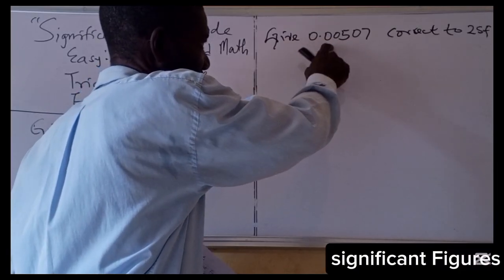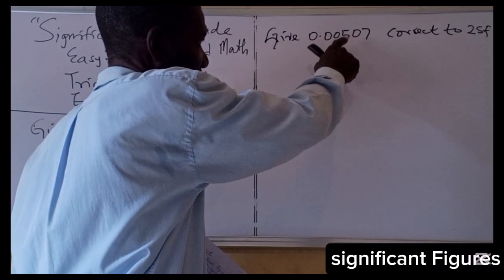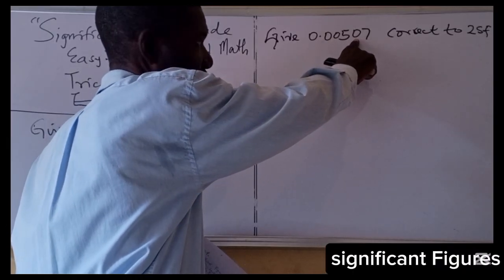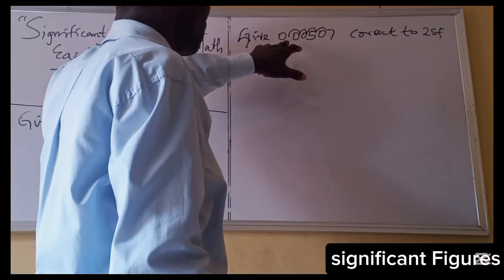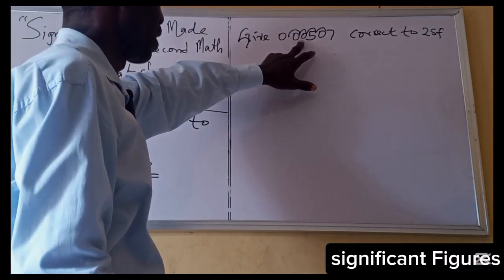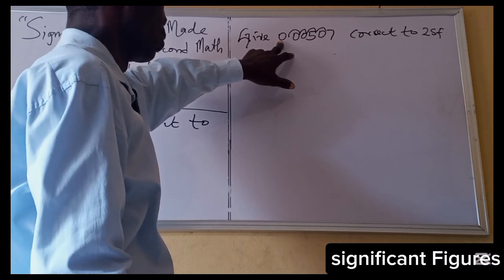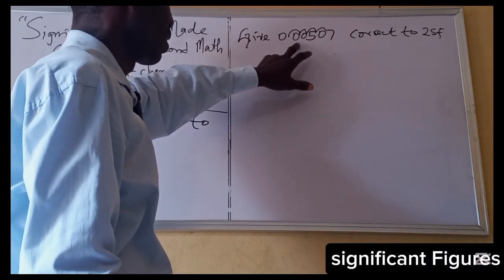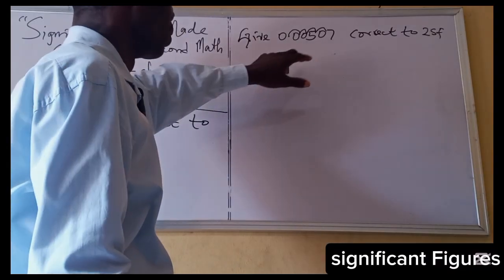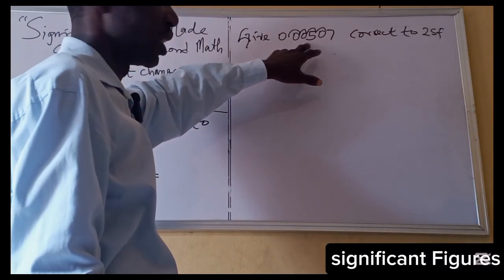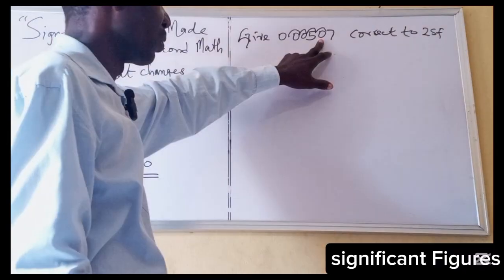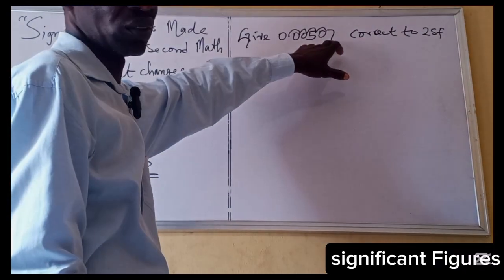Take note, the first significant figure here is 5. The second is 0, and the third one is 7.